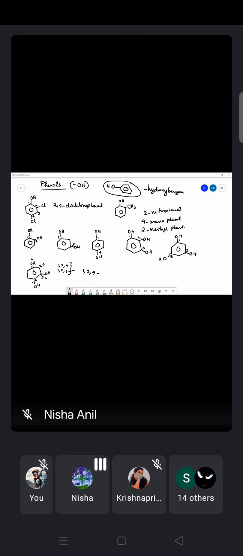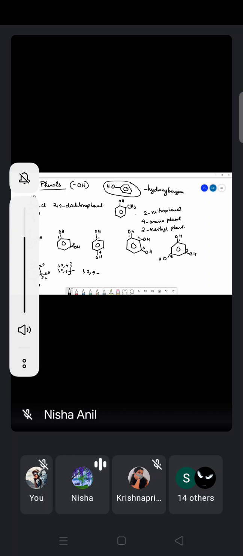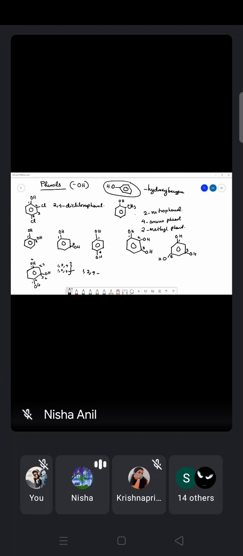So first example 2,4-dichlorophenol, 2-nitrophenol, 4-aminophenol, 2-methylphenol. So if there are 2 or 3 hydroxyl groups in the same ring, we will name it as hydroxybenzene.